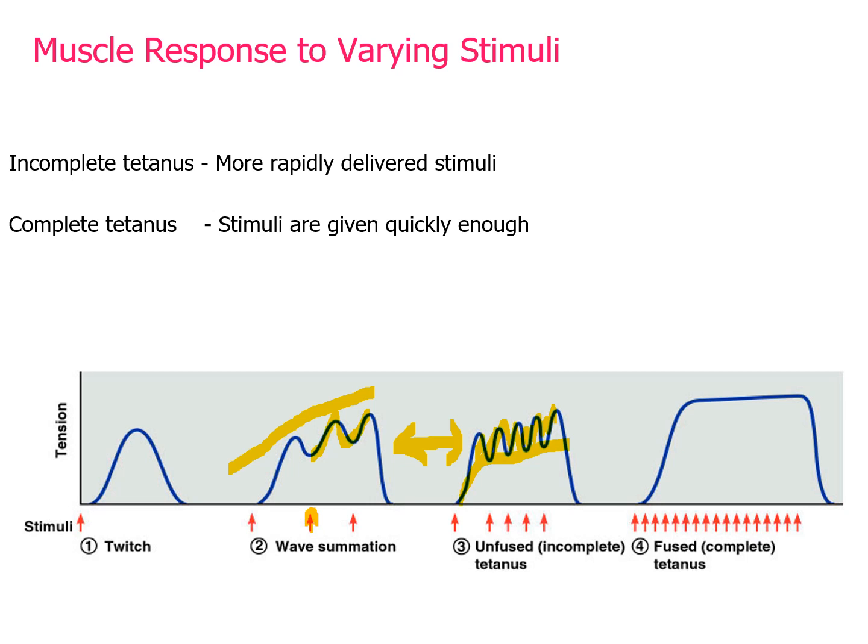to describe what's happening just before you hit a frequency over here, right? That's incomplete tetanus on the left-hand side here, and on the right is complete or fused tetanus.